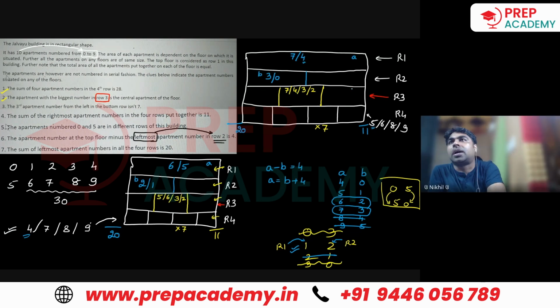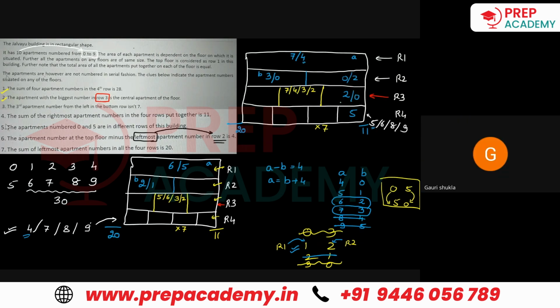And how is that possible? I cannot have 1 and 1, because obviously 2 apartments cannot be the same number. So it has to be 0 here and 2 here if 5 is here, or the other way around.